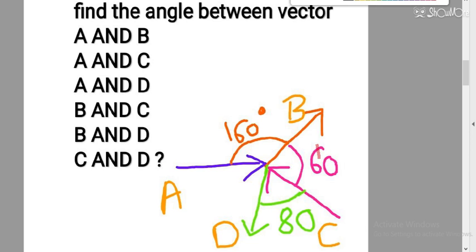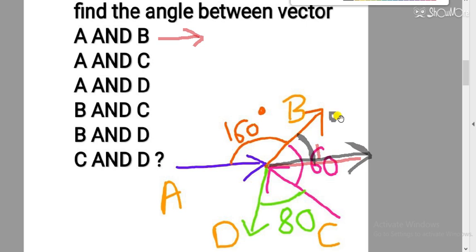What I have to do is find the angle between vector A and B. Here the A vector is this one and B is this one. If I shift A parallelly here, then I can find the angle between A and B. This angle will be the angle between A and B, which is 180 minus 160.